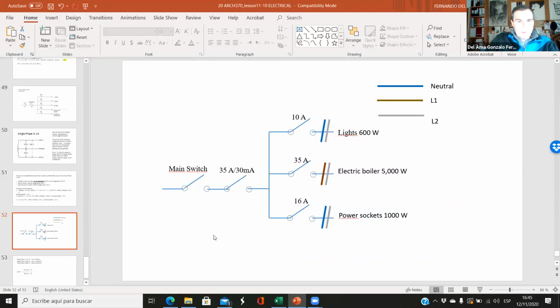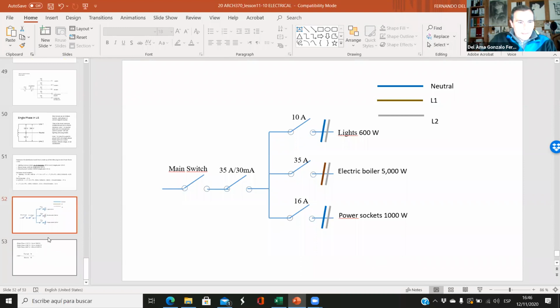But for a simple example, this is all you need to know. So how many circuits we have, if we need 120 or 240, if we need a single phase or a triple phase, and the size of circuit breakers.